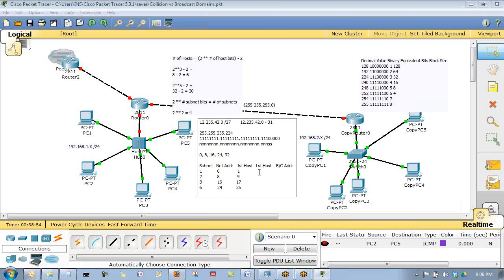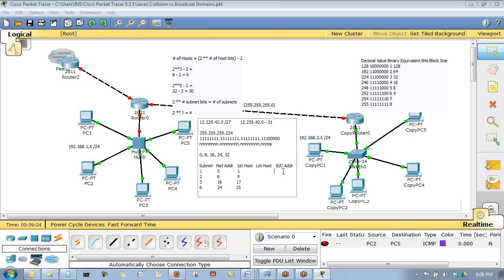All right, guys. Now, this is where it gets a little difficult: trying to figure out the last host. When you've got multiple subnets like this, your last host is always basically one less than the next network address.